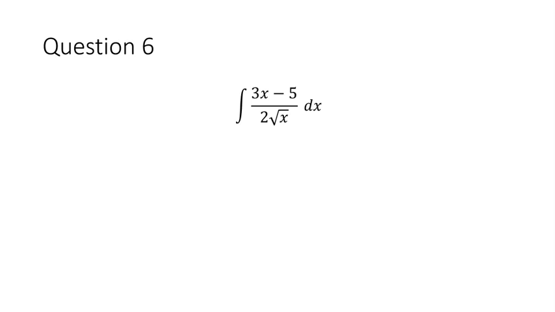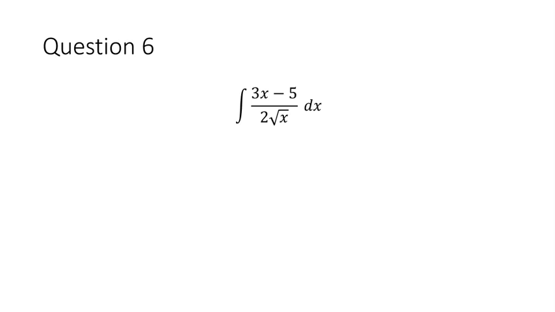And then it's just the rules that you would have learned in the first year of A level, to integrate, I'm just going to add 1 to the power and divide by the new power. So when I've got this fraction here, what it means is both terms need to get divided by 2 root x.